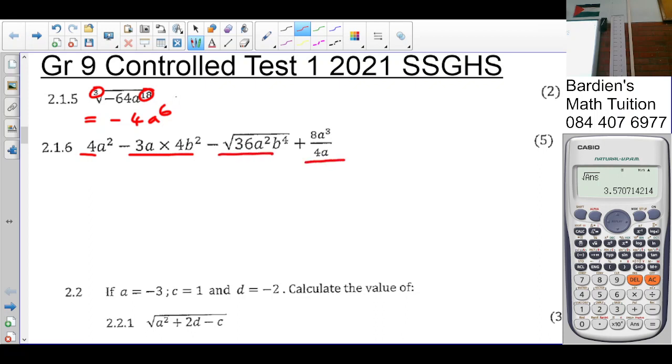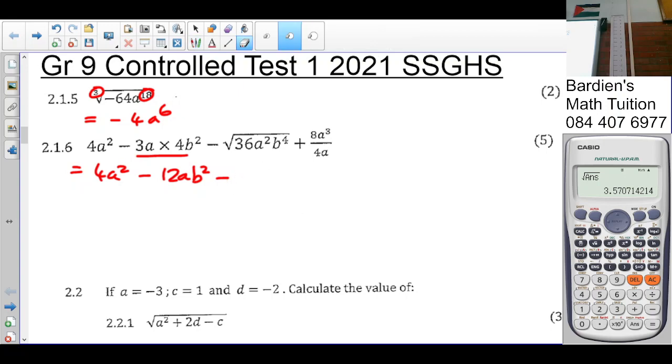So before I can add and subtract, I must simplify my terms first. The 4a squared, that is going to give us negative 12ab squared minus 6ab squared plus 2a squared. 4 going into 4 once, 4 going into 8 twice.